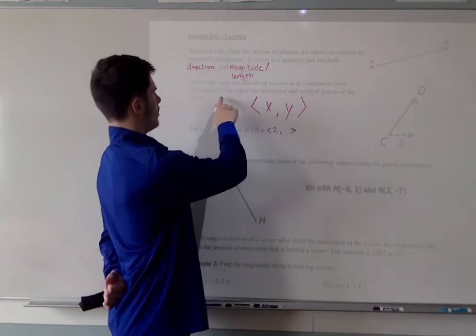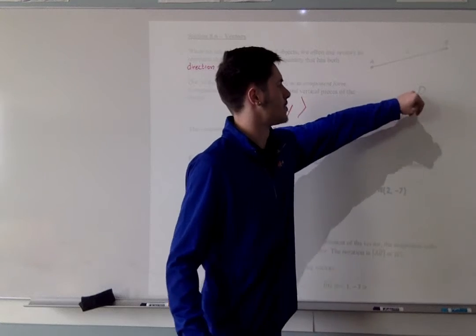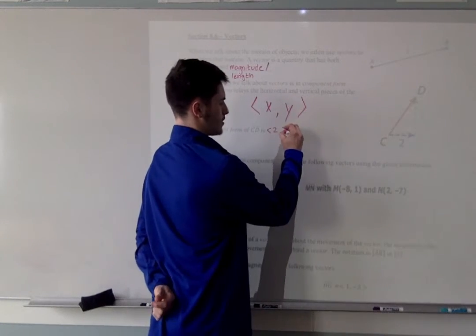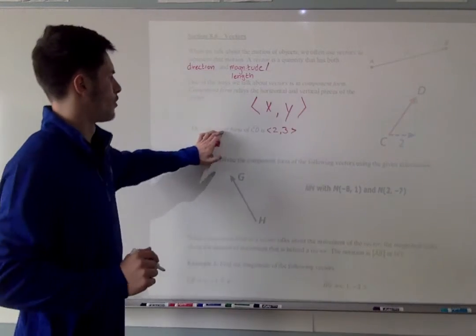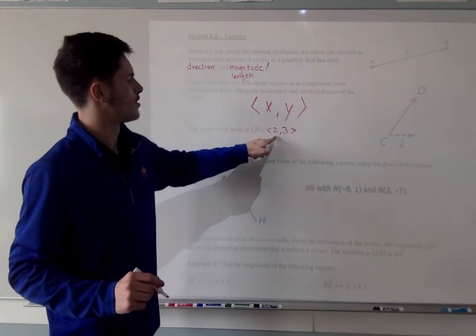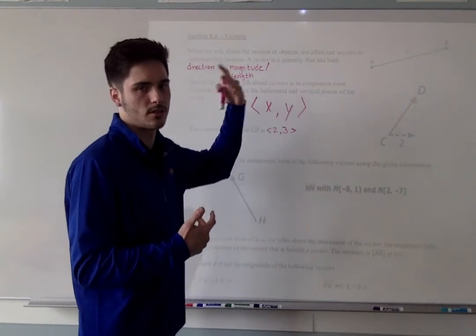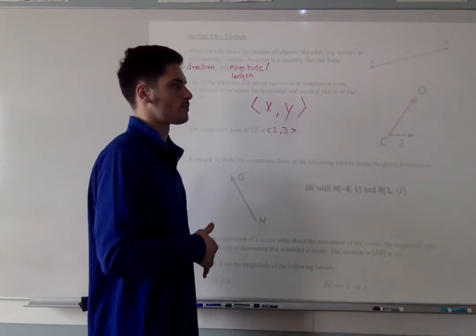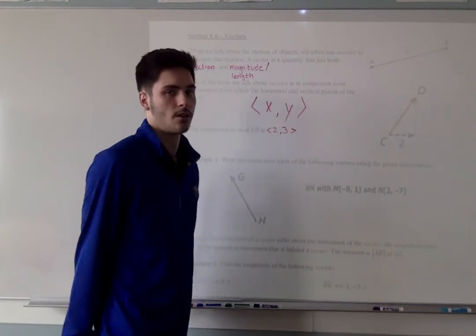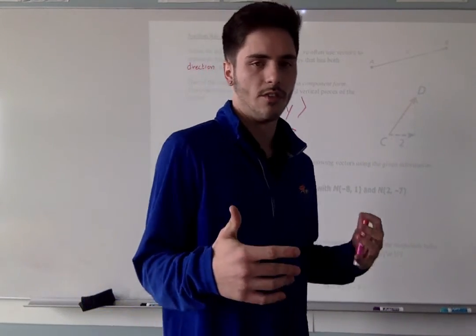And then our vertical piece of this vector is going to be 3 units upward. So that's going to be positive. And so our component form of the vector CD is, in this notation, <2, 3>, because it moved positive 2 and positive 3 horizontally and vertically, respectively.